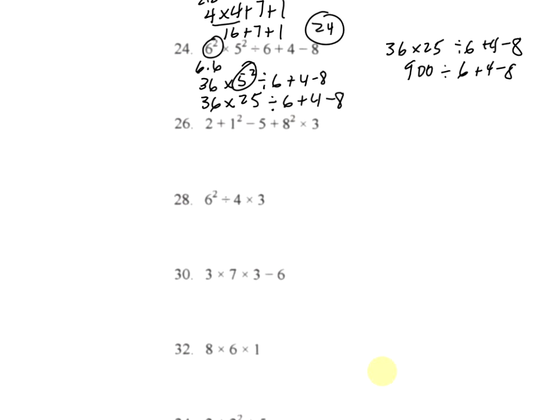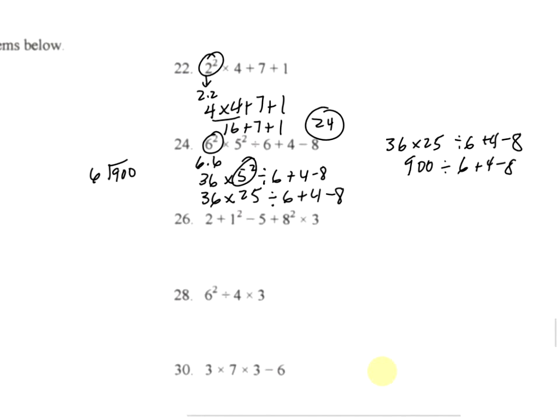Trinity, help me out. What do I do? What do I divide? Okay, I divide 900 by 6. It says right here, 900 divided by 6 right there.